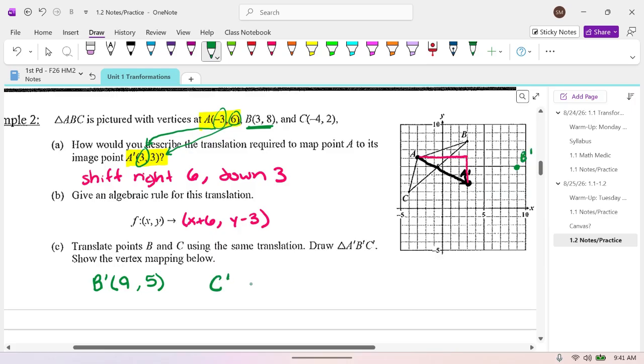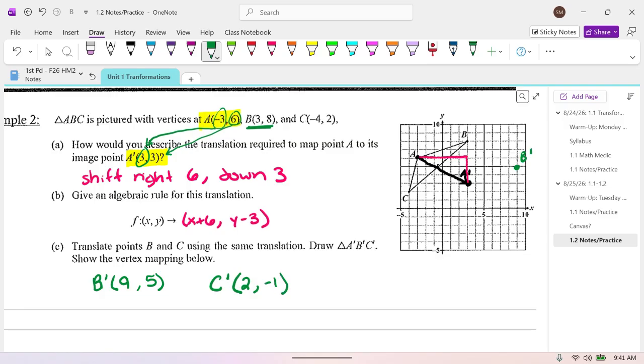Someone else, what's C prime? Yes. (2, -1). -4 plus 6 is 2. 2 minus 3 is -1. Good. So (2, -1). Did that make a congruent figure to our original?